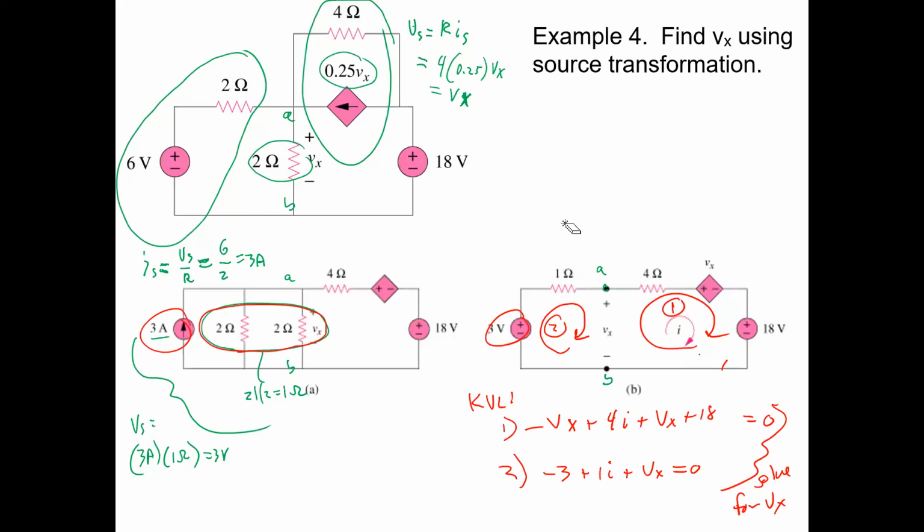I've just seen people mess up source transforms when they have dependent sources, because they move the Vx over here, and then that doesn't work out the same anymore. And other current-dependent sources have currents as the control, and again, you can't mess with those things, because it's going to change the relationship of the dependent source to the current. So anyway, that's basically it.